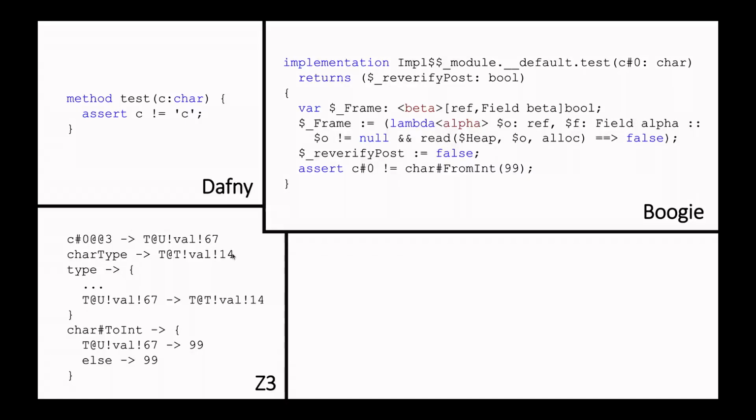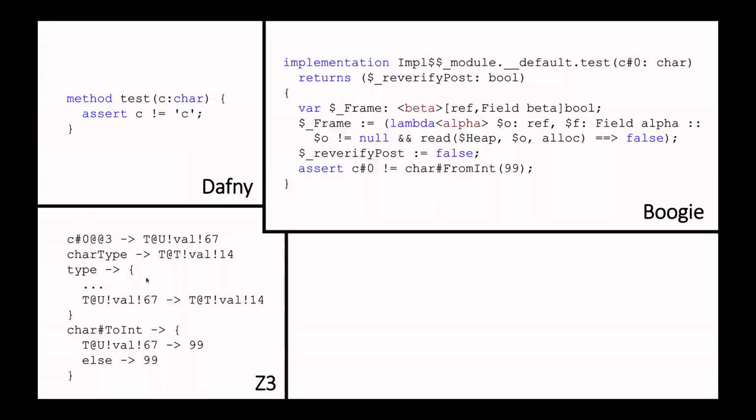These models are usually hundreds or thousands of lines long. What you can see at your bottom left is an excerpt from such a model that is sufficient to explain why Dafny fails to verify this small program. So you can see here that variable C is associated with some ID 67.